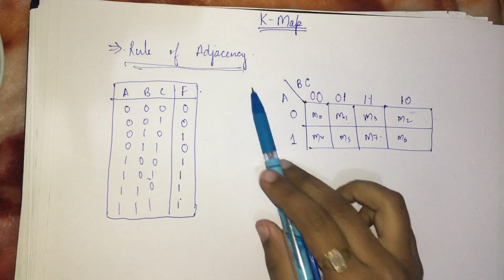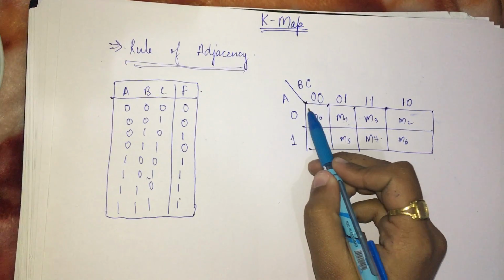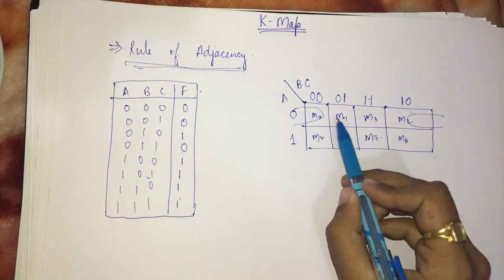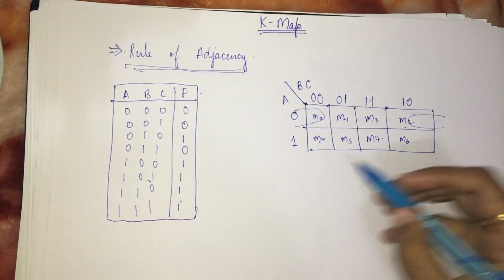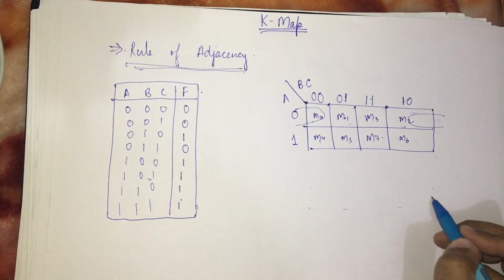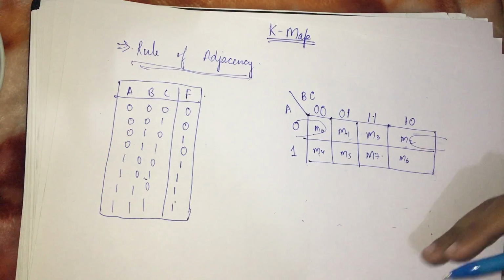In K maps, the adjacency also applies for these two groups, that is M0 and M2 are also adjacent. Then it also applies, suppose we had a 4 variable K map over here, it would also apply on this cell and this cell. That is, there would be a kind of circle.